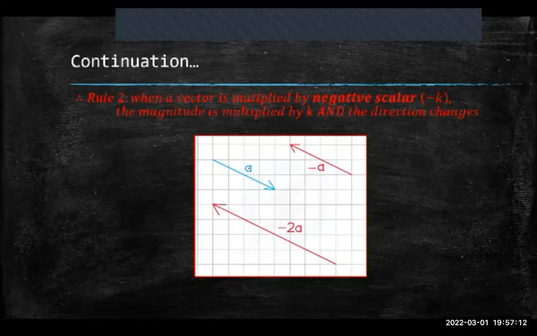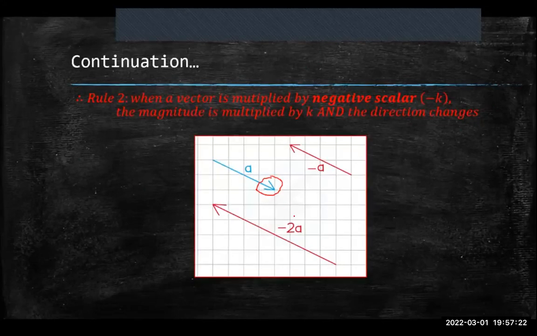And when I say direction, I'm referring to the arrowhead. So for my vector A, it's pointing that way. But for minus 2A, my scalar value is minus 2.